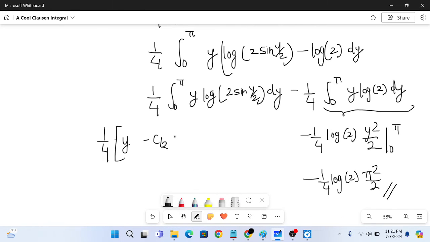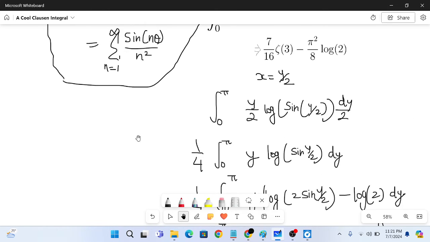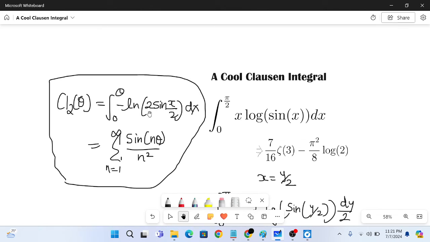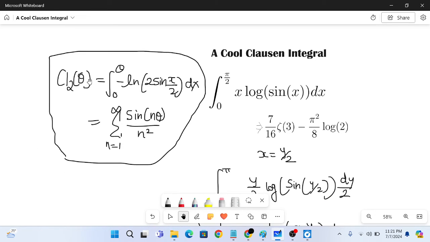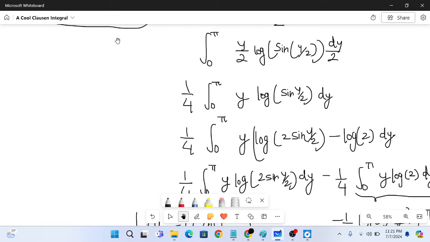This is actually an indefinite integral as well, evaluated from 0 to pi. If you want to know why this is the indefinite integral, you can just differentiate both sides with respect to theta, and you will get minus ln of 2 sine theta by 2, and then plus ln of 2 sine of 0 by 2, and that is just 0. The second part is just 0, so this is also the indefinite integral.